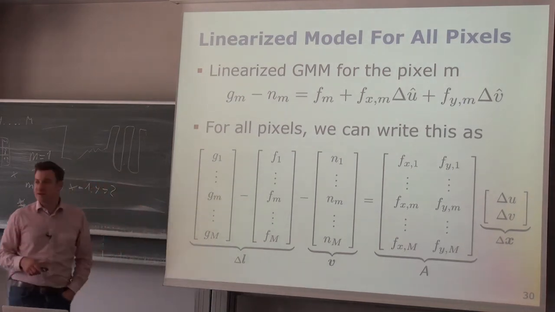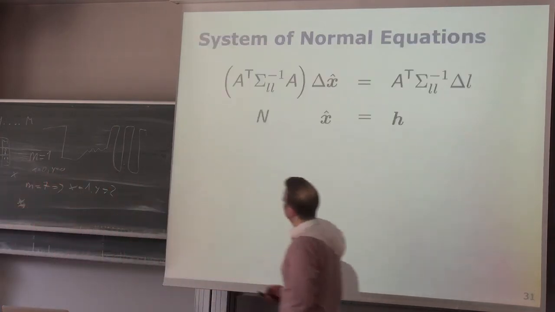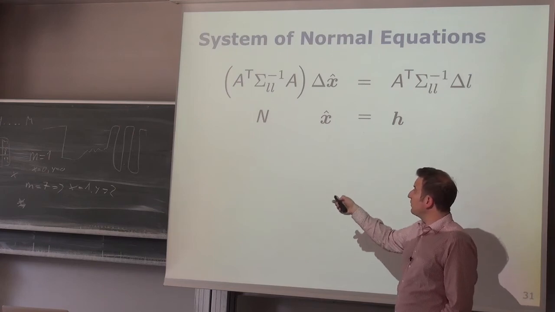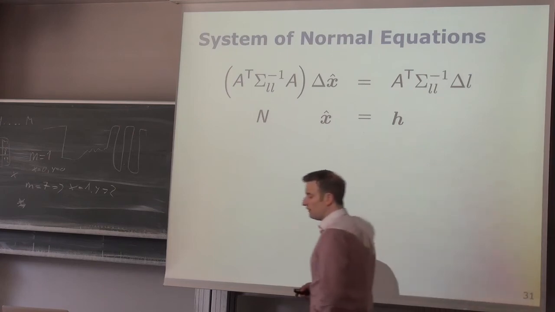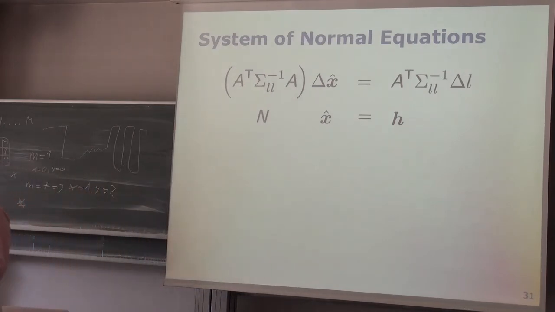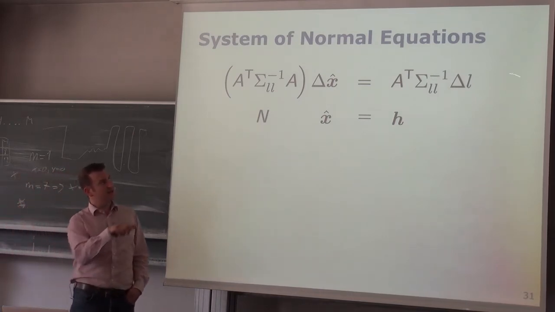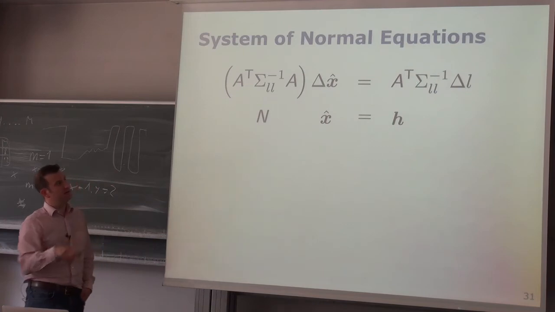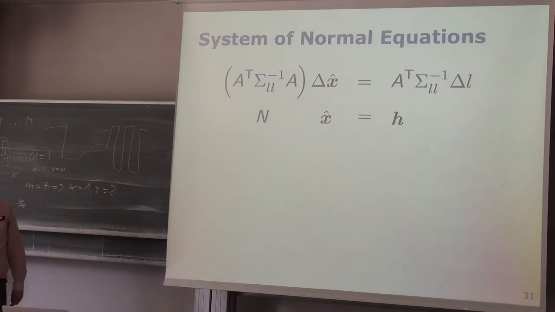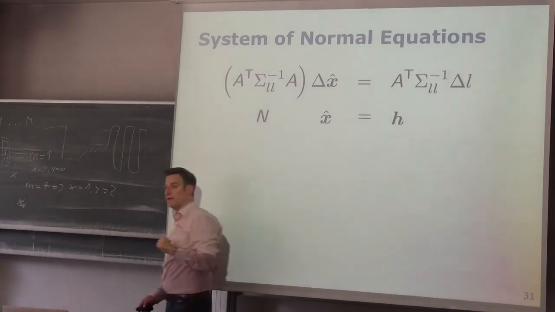Now once we have that, we can formulate our system of normal equations as A transposed, the information matrix or inverse of the covariance matrix, which is associated to the uncertainty that I have in my observations, times A, the change in x, equals A transposed, the inverse of the covariance matrix, and my delta L. And this directly corresponds to my system of normal equations.